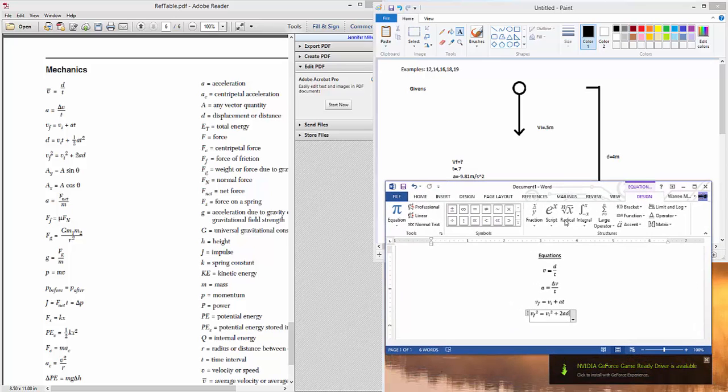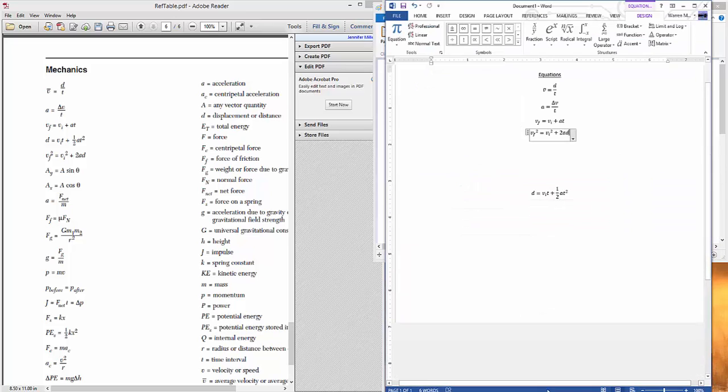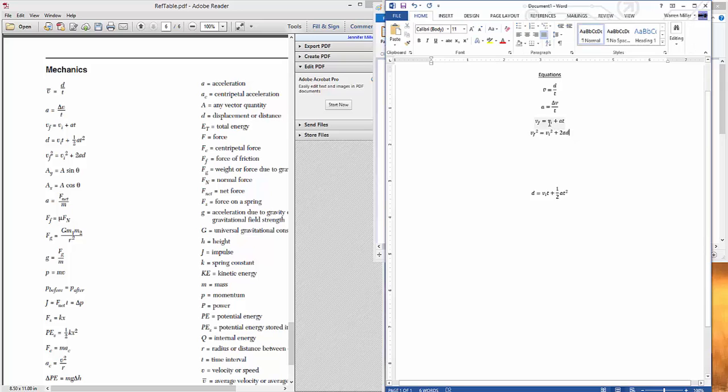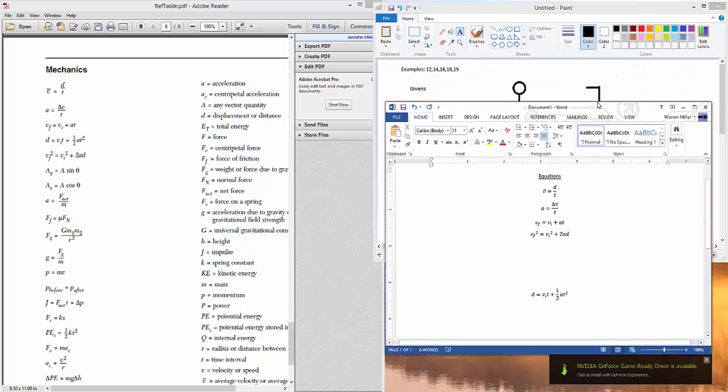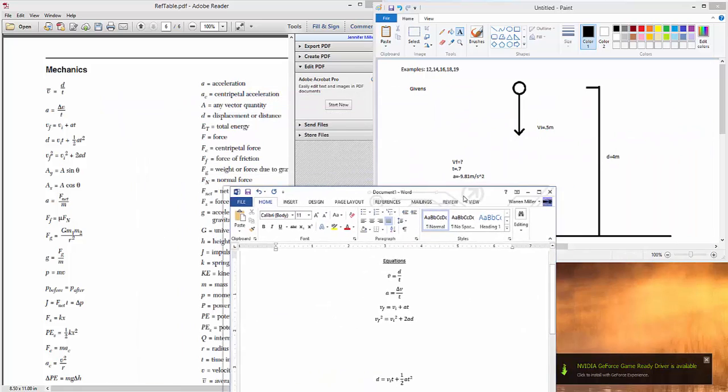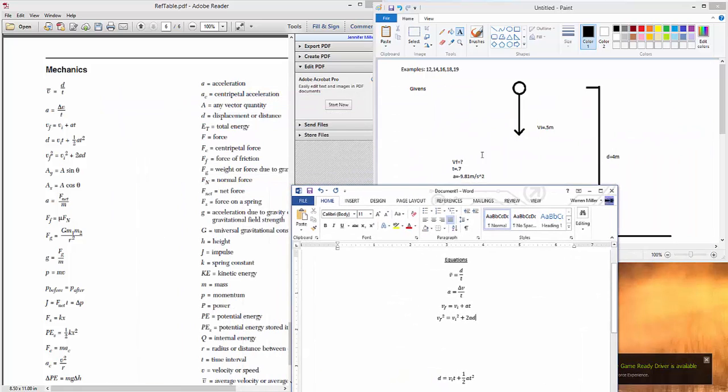So in this case, the equation we want to use is VF equals VI plus AT. The reason is because the variables we have are VI, VF, T, and A, right? Okay, so let's go to that particular one.